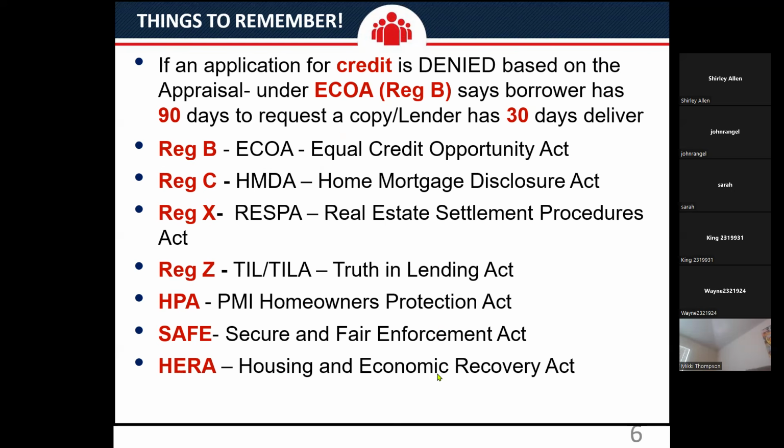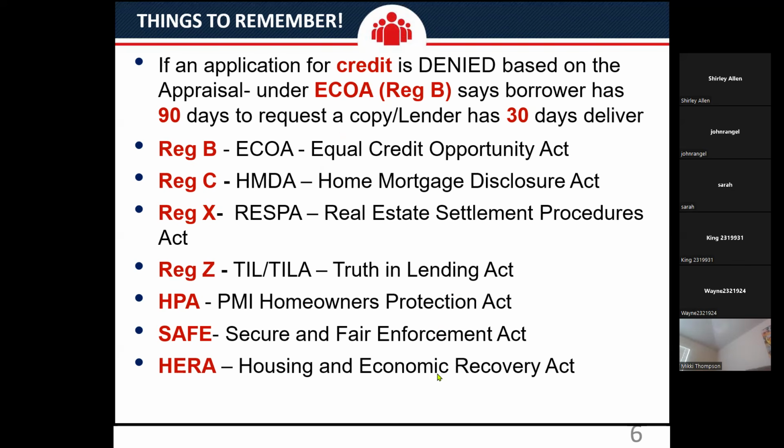And the things to remember: if an application for credit is denied based on the appraisal under ECOA, Regulation B says the borrower has 90 days to request a copy and the lender has 30 days to deliver. Understand, they're saying if the application is denied for credit based on the appraisal, not based on credit score or other things.